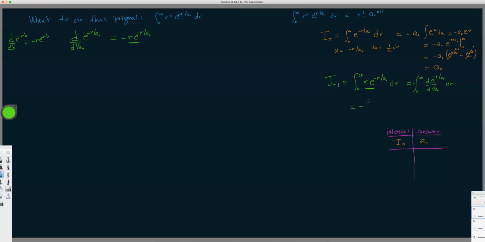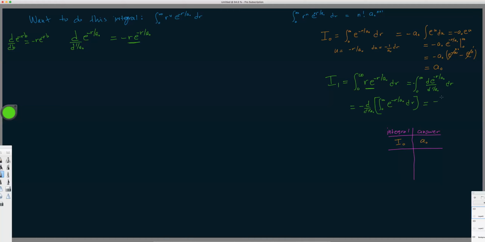So here we go, we pull it out. We have minus d 1 over a naught of the integral from 0 to infinity of e to the minus r over a naught dr. And that is the integral I naught, right?